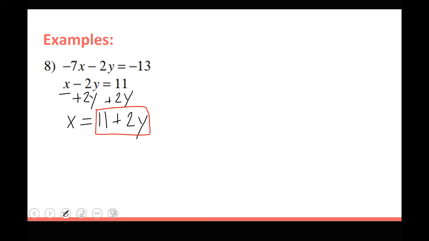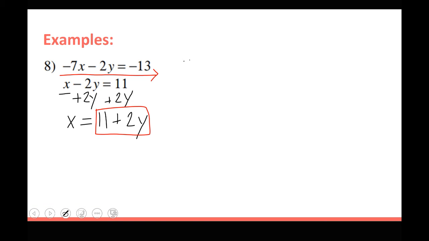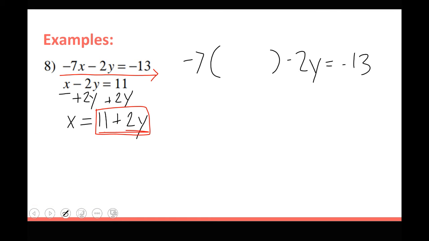So we're going to go to the other equation. Okay, and we're going to change it using that substitute. So I'm going to write negative 7 times x, but I'm going to change x, minus 2y equals negative 13. So the substitute 11 plus 2y is going to go in the same spot where the x was.